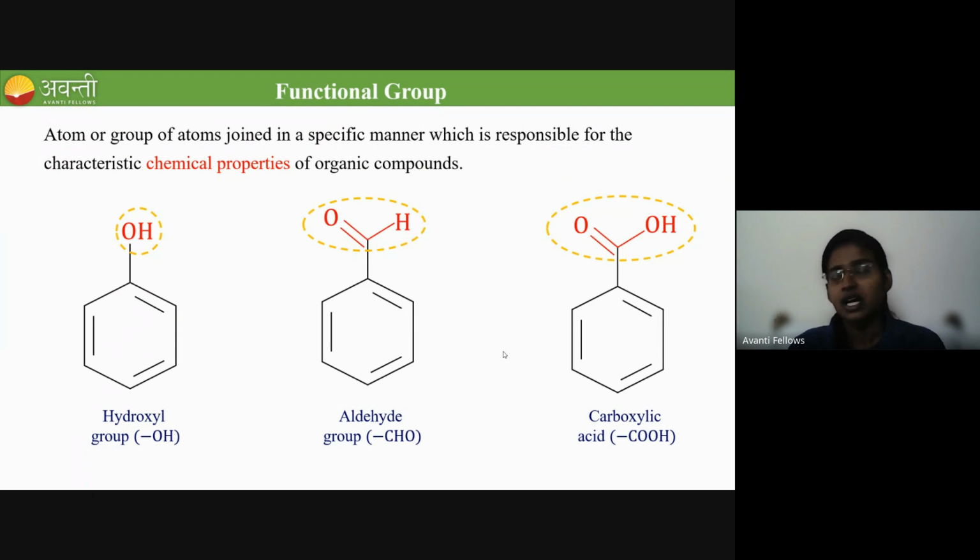We have nearly 13 to 15 important functional groups, so go through those lists: the name, group, structural formula, prefix and suffix. These are very important and will be very helpful while solving nomenclature.